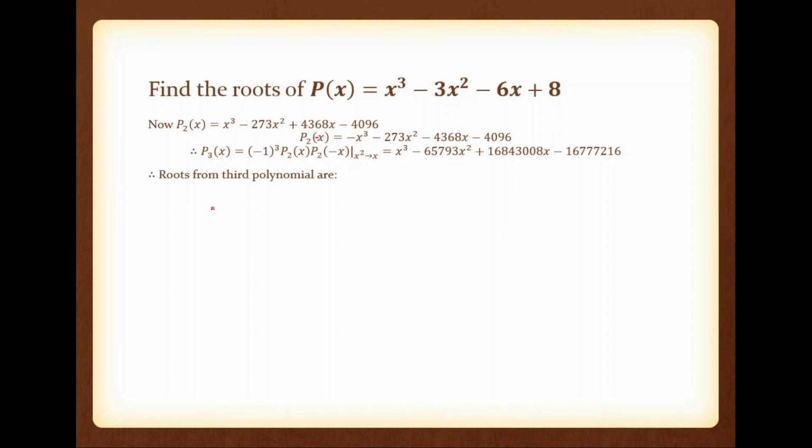So the roots from this third polynomial are: first one, the third square root of this value divided by this one, so that is 0.9995. Next one is the third square root of this value divided by this value, so that is 2.